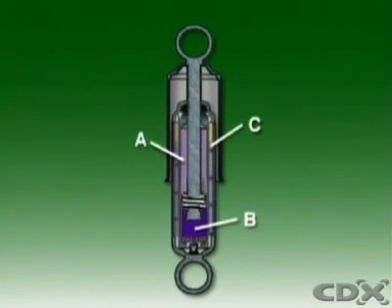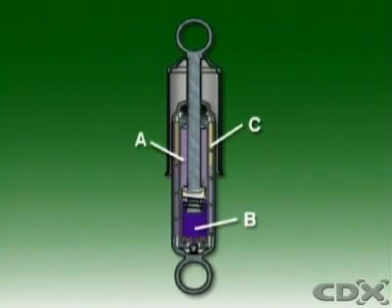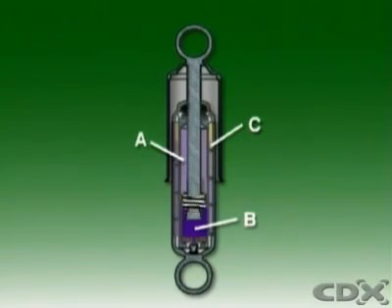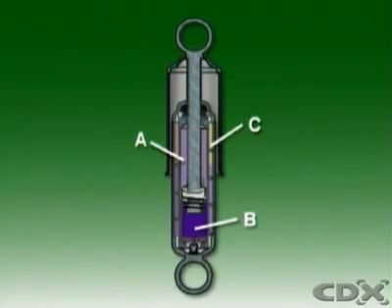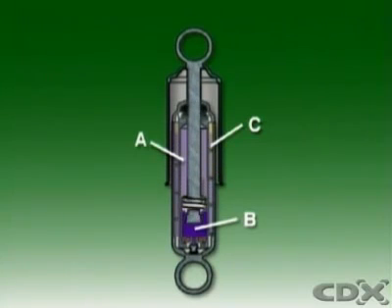On bump or compression, the piston and rod move downwards in the cylinder, resulting in a small pressure drop in the chamber labeled A above the piston. At the same time, the volume of the chamber labeled B below the piston is reduced, causing a high fluid pressure.